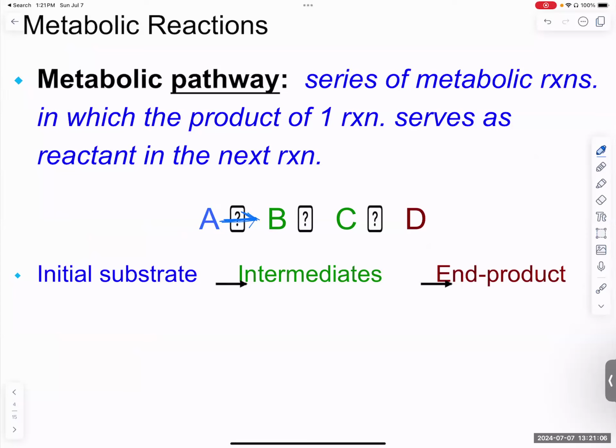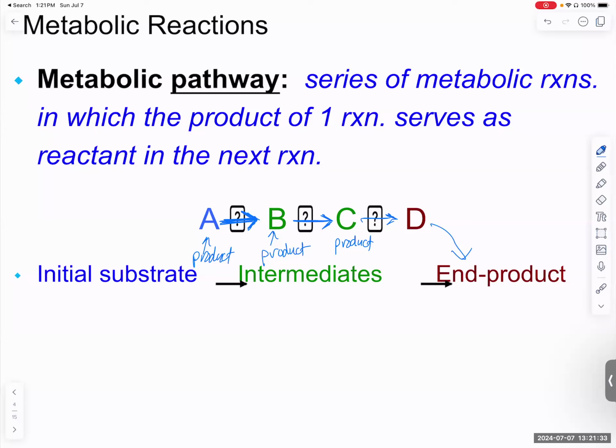So if you have product A, it's going to be converted into product B, which then can be converted into product C, which can eventually become product D, which may be the end product.